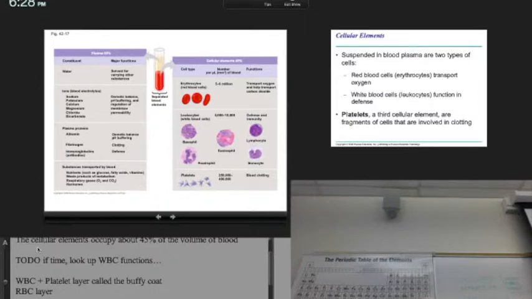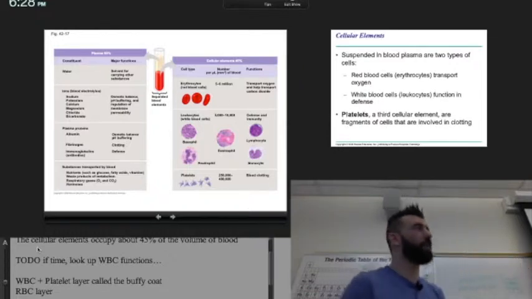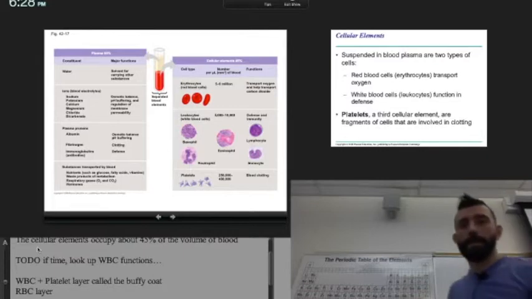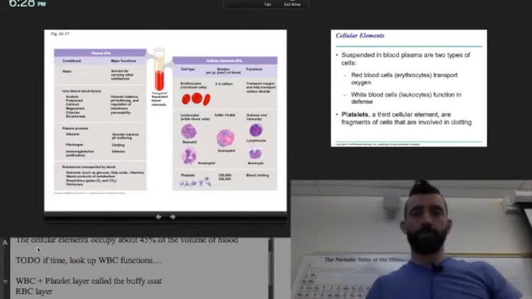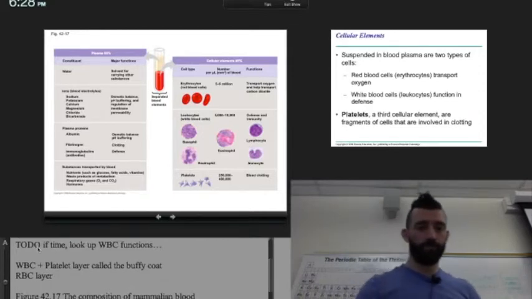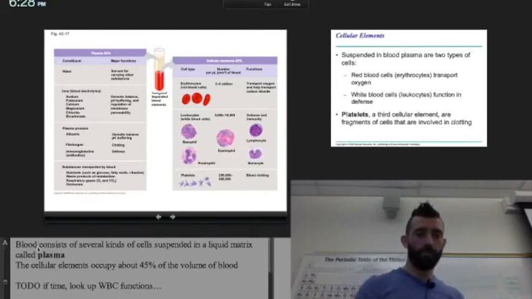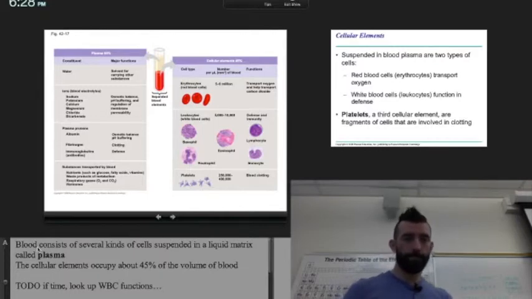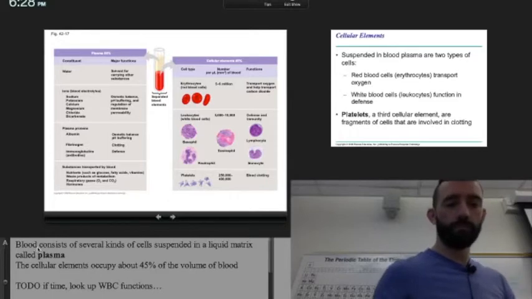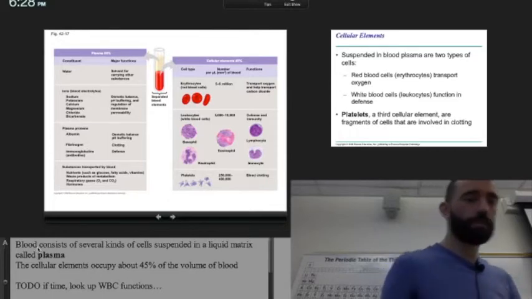And then the final layer is the red blood cell layer. And surprise, surprise, it contains red blood cells. Red blood cells are also called erythrocytes. And we'll talk more about them in the next slide or so.